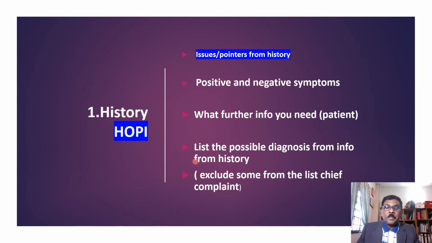From the list of positive and relevant negative symptoms, you list the possible diagnosis from the info you have got from the patient, and then exclude some of the causes from the list prepared after the chief complaint.